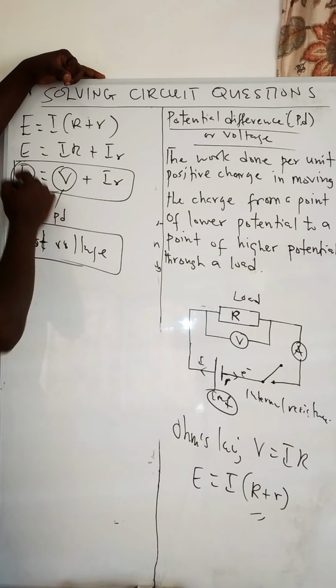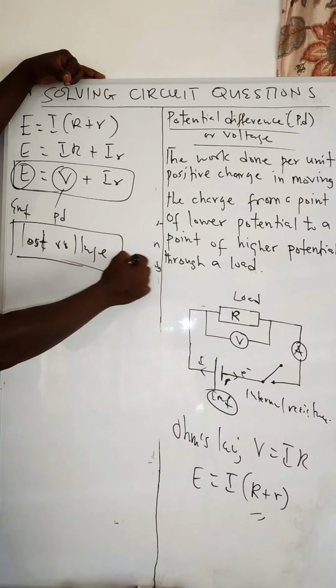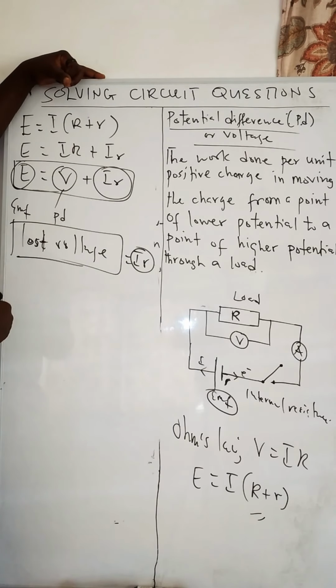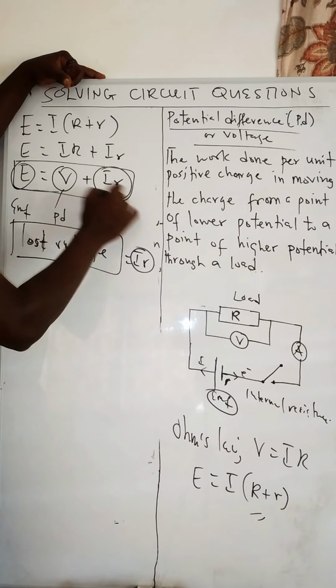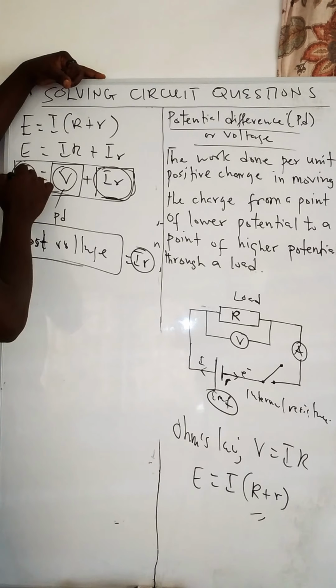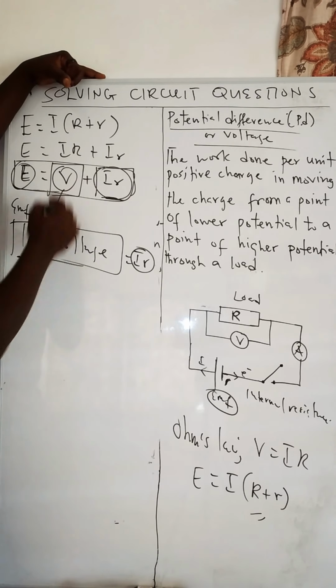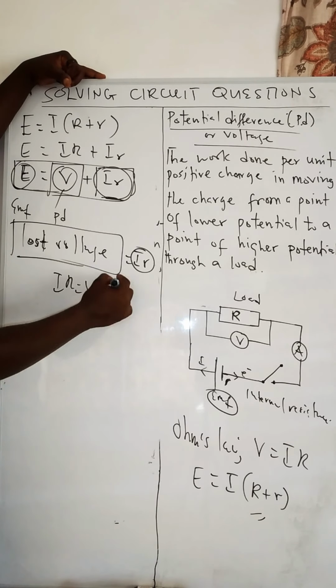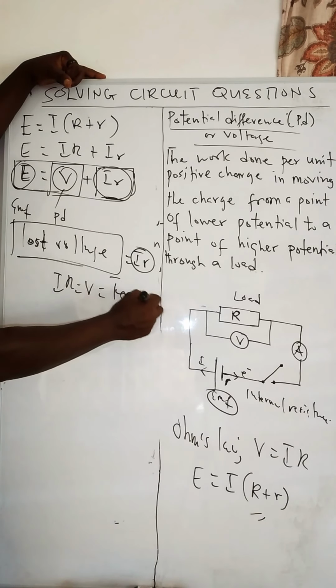And that lost voltage in this equation is what we have as I small r. So I small r here is representing the lost voltage, so that when you add the lost voltage to the voltage in the cell, then you are going to get the EMF.